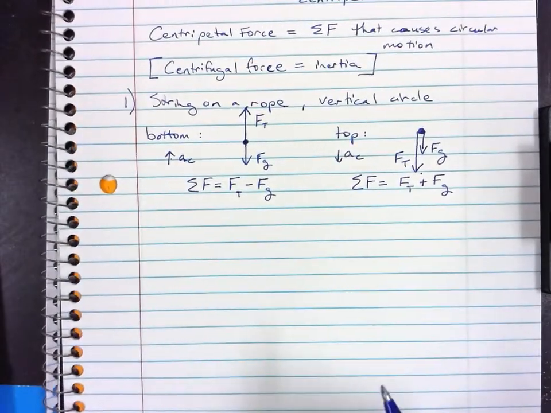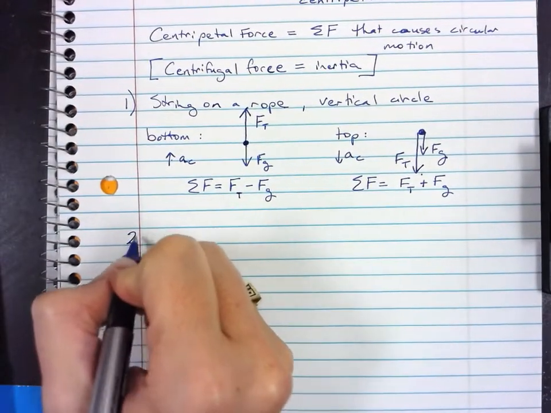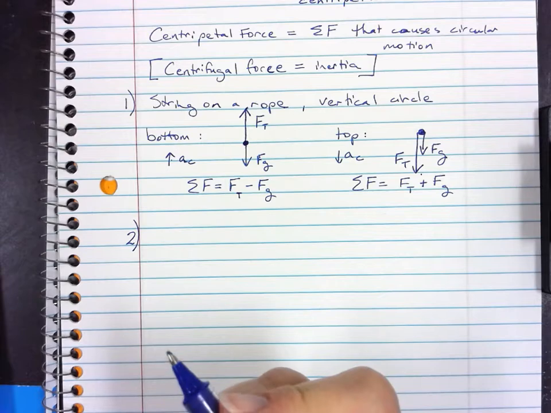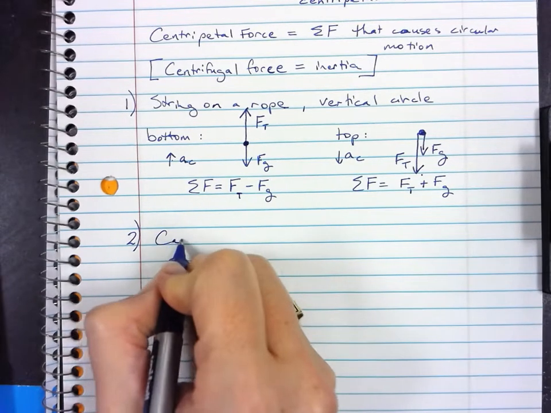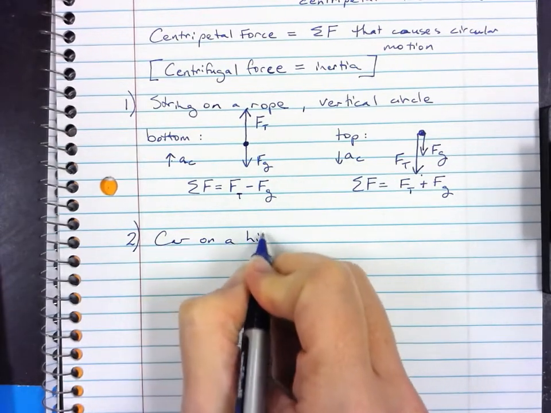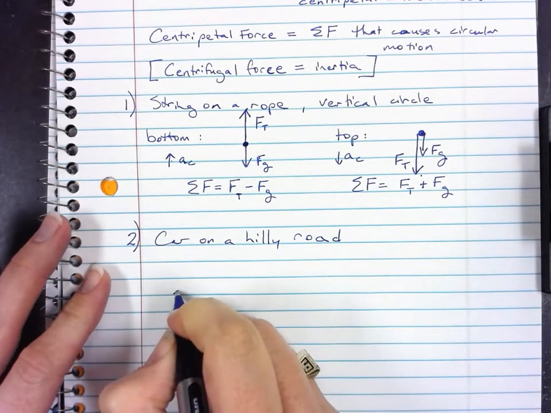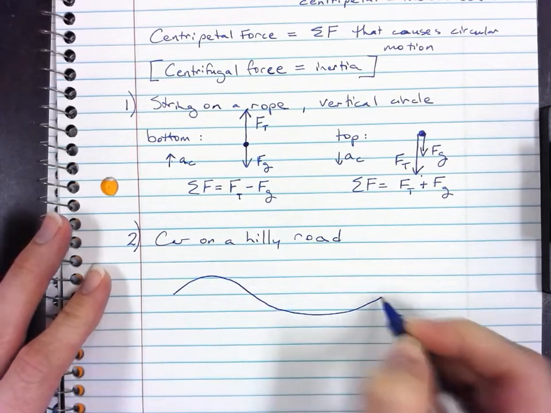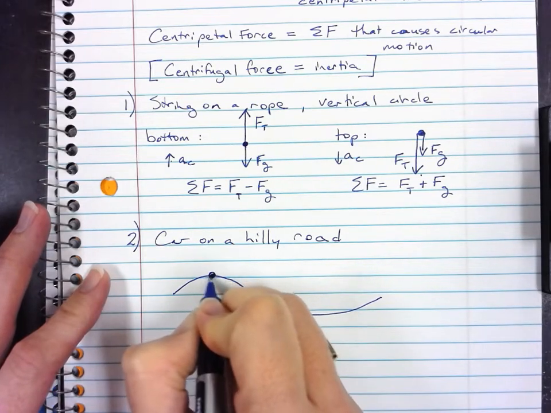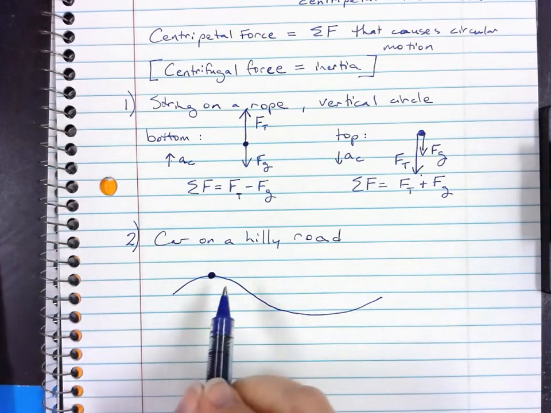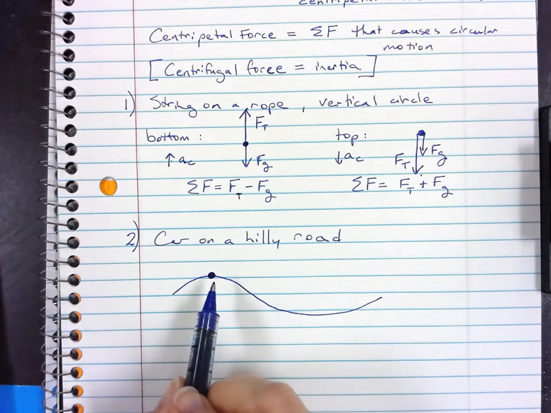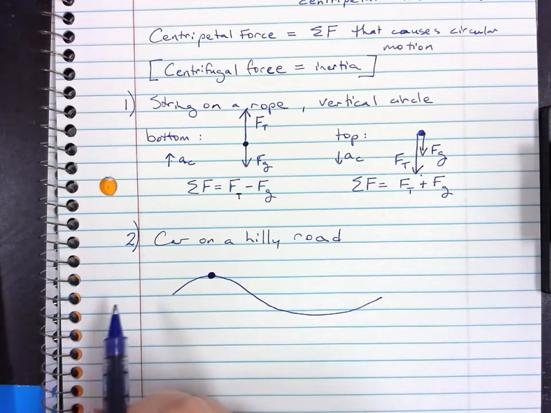Slide this up. 2. We have a car on a hilly road. So the road looks like this. When the car is here, and we're going to ignore force from the engine and brakes and stuff.